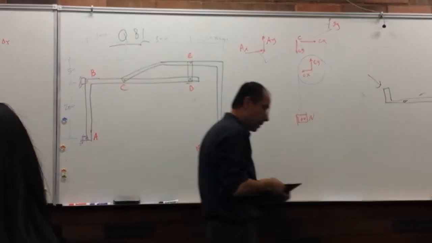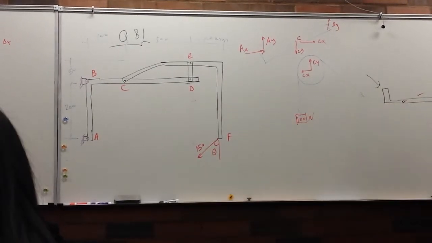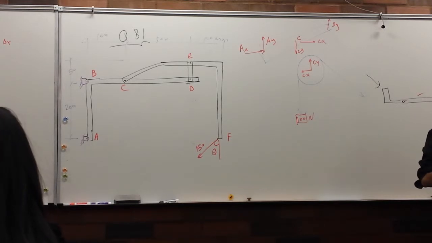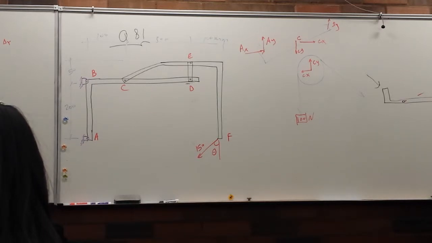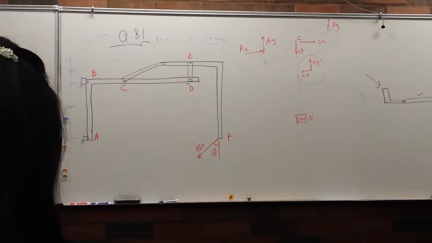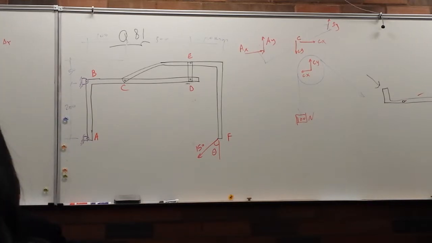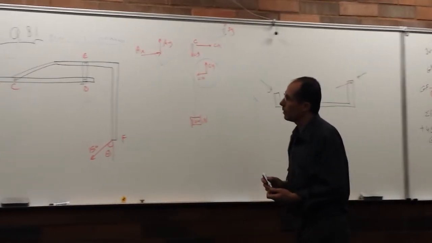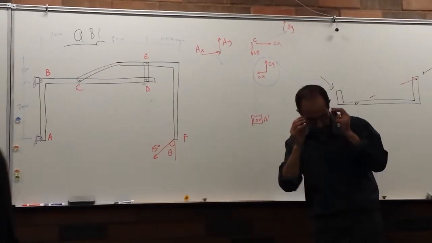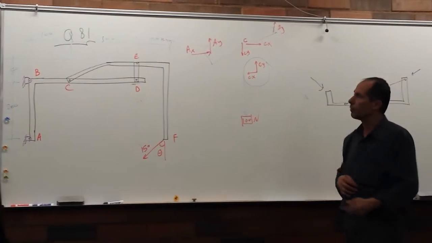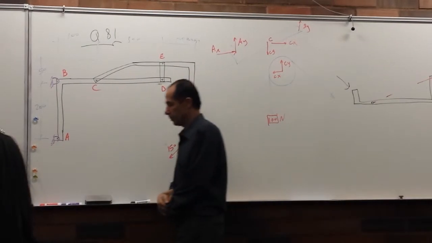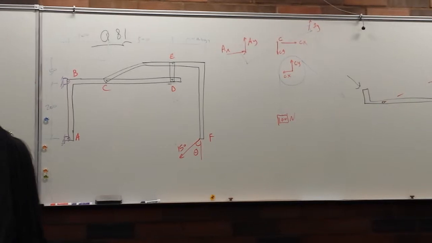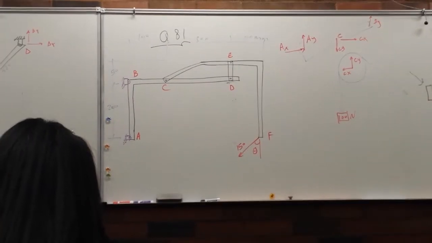Let's see if we need shade on. So the question: find the components of the force acting on member A, B, C, D when theta is 0. What is the element?